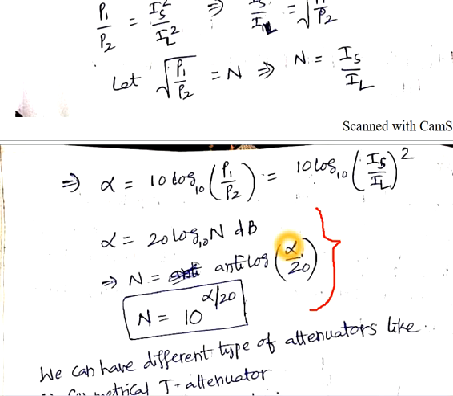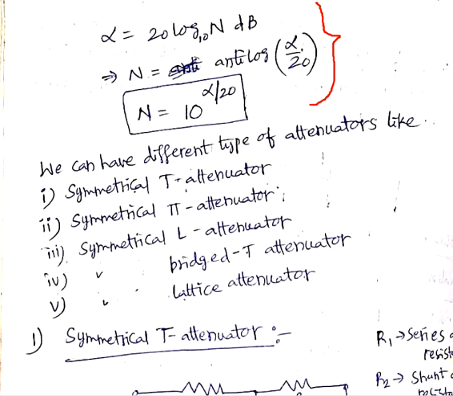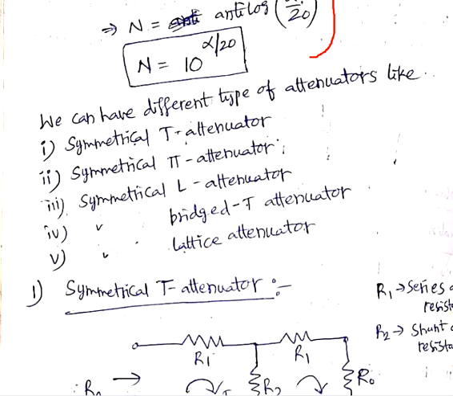So this is about the symmetrical attenuator, and of course there are several types of symmetrical attenuators based on the shape of the network that we choose. It is just modeling. If we model the network in the shape of T for an attenuator, it becomes a symmetrical T attenuator.